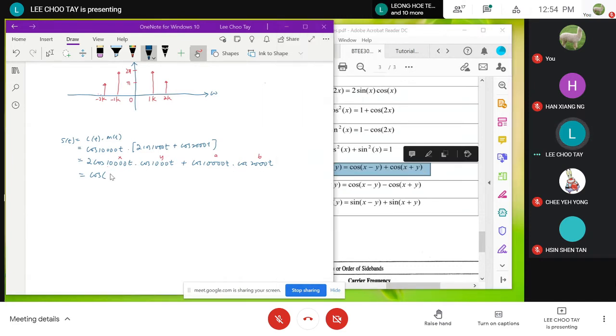X is 10,000, y is 1,000, therefore I get cos 9,000t, plus cos 11,000t. Plus, this one is cos A cos B. Because I don't have a 2 in front, this is again half of cos(A minus B), which is 8,000, and cos(A plus B), which will be 12,000.